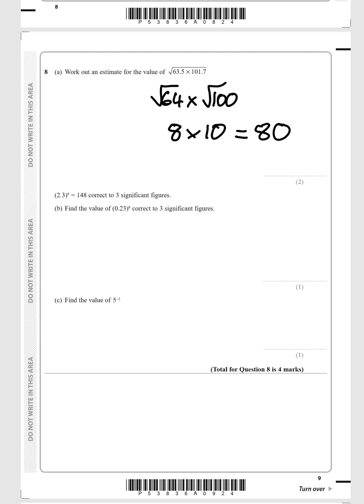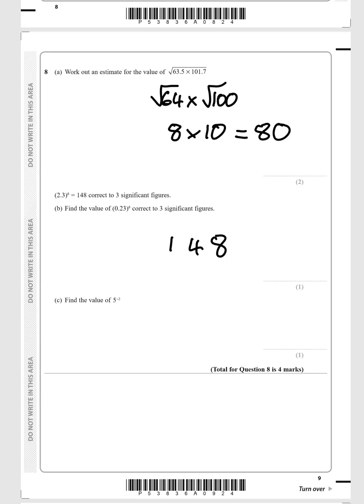Now, 2.3 to the power of 6 is 148, correct to 3 significant figures. Find the value of 0.23 to the power of 6, correct to 3 significant figures. Well, if we've got 148, because this is 0.23 to the power of 6, we need it to be to the power 10, we need it divided by 10 6 times.